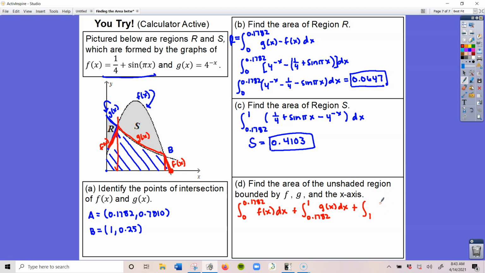So actually, before I can even finish writing this, I would need to know what that x-intercept is.